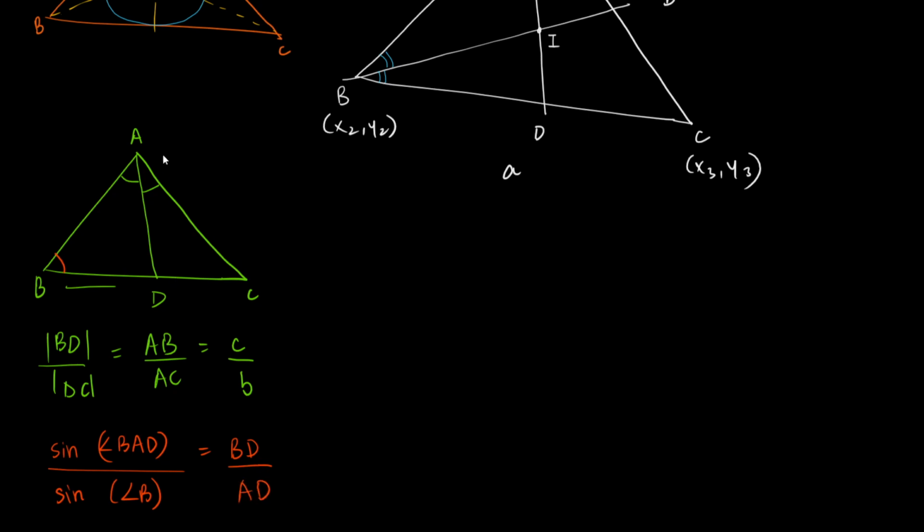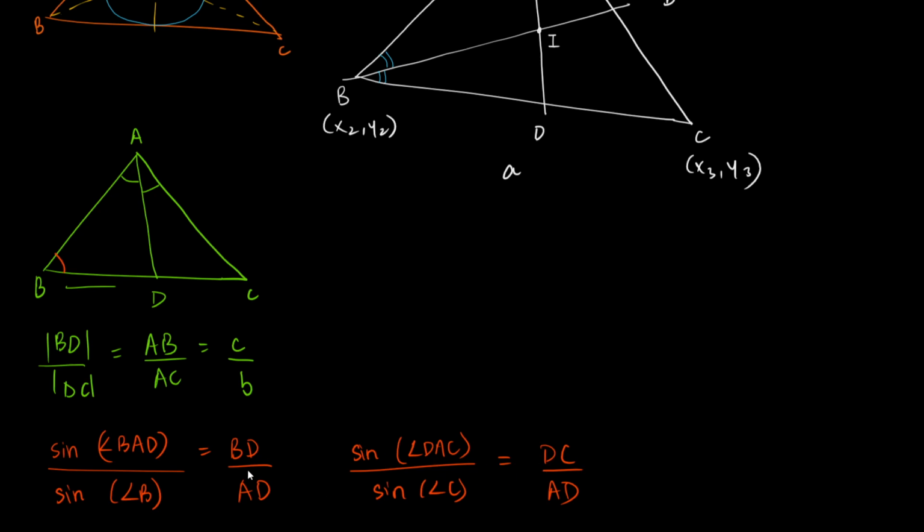Similarly, in the other bisected half, you can write sine of angle DAC divided by sine of angle C is equal to DC, opposite to angle DAC, over AD, opposite to angle C.